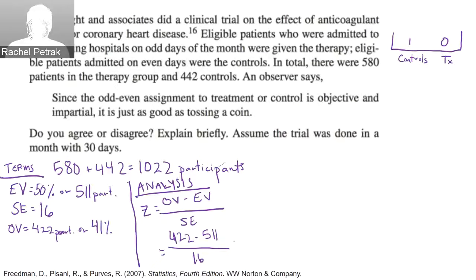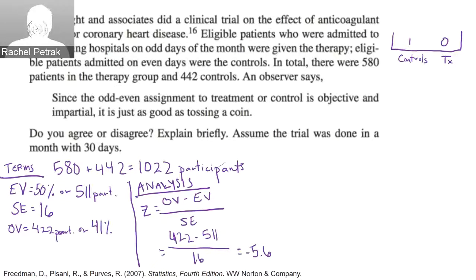So this is going to be a very, very small number. Well, very big Z, but a small probability, it's negative 5.6.